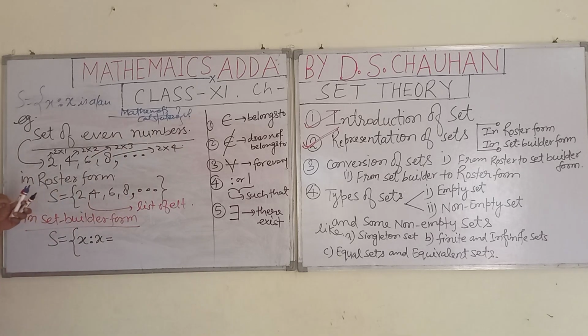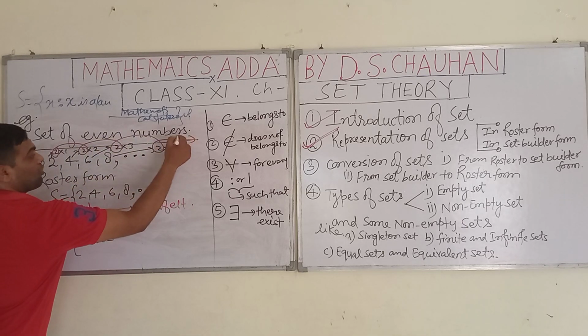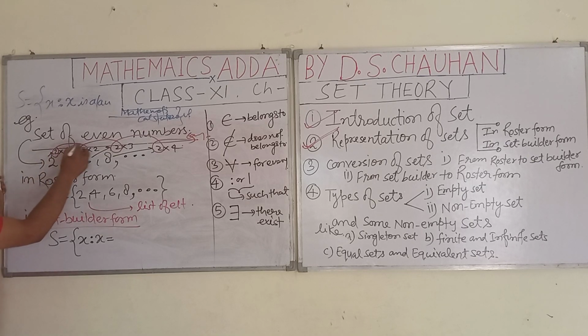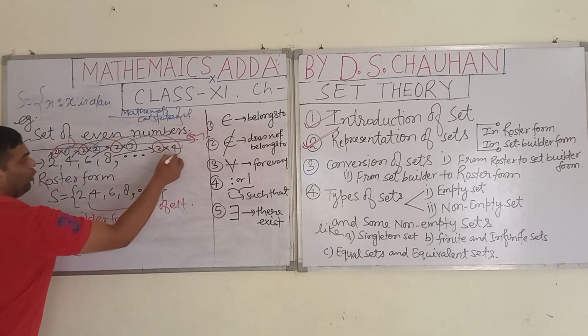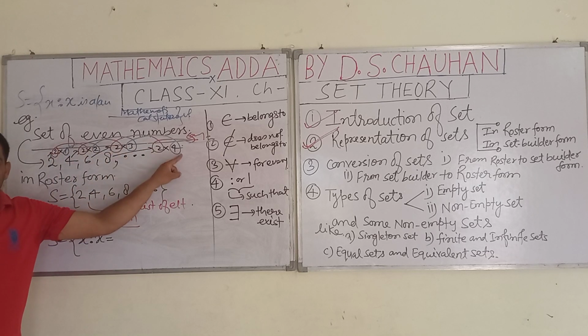Students, if you look clearly, here this is the constant 2, 2, 2. This is a constant series, while this is a varying series 1, 2, 3, 4, and so on. So the first is the constant series, while the second set of numbers represents the varying series.